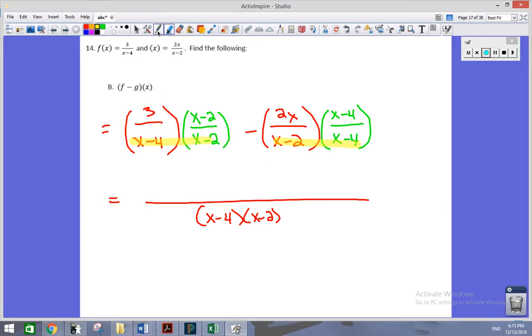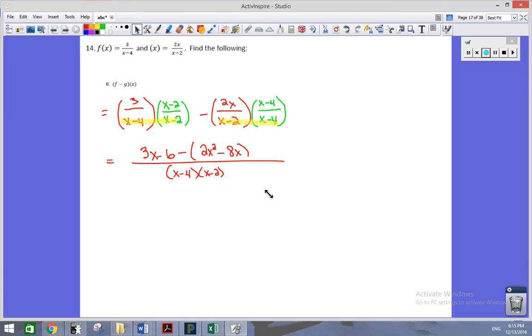Multiplication is commutative. In the first term here, again, I have 3 times x minus 2, so I have 3x minus 6. This time I'm subtracting, and I'm going to subtract the whole thing. Let's take 2x times x, which is 2x squared, and 2x times the 4, minus, and now since I'm subtracting, I change the sign in terms of each binomial.